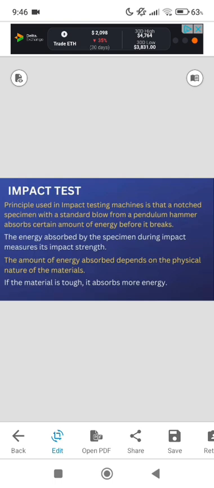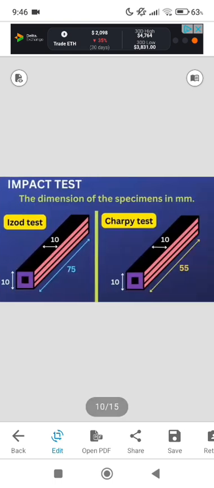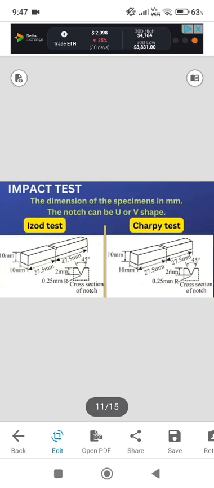For the Izod test, the height of the specimen is 10 mm, the width is 10 mm, and the length is 75 mm. For the Charpy test, the height and width of the specimen are 10 mm and the length is 55 mm. The dimensions of the specimen are given in mm.